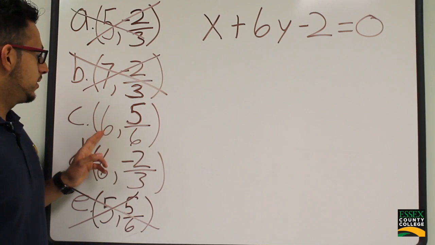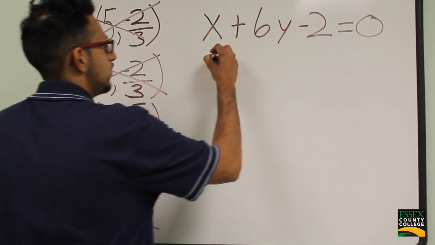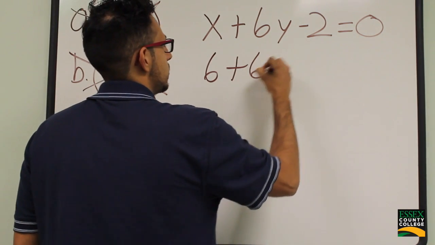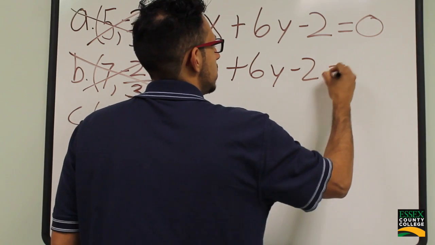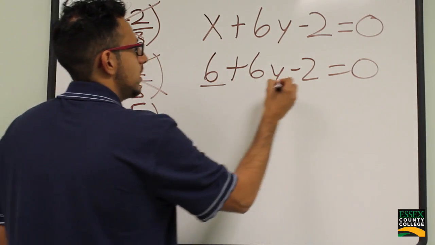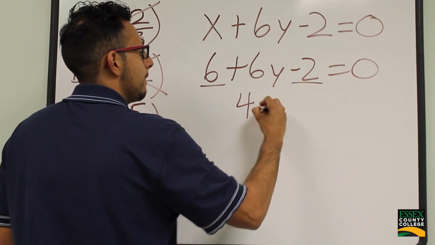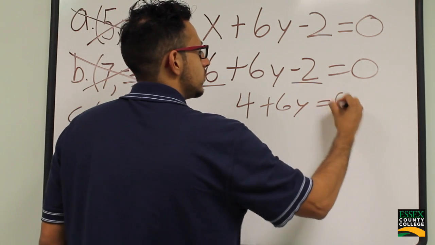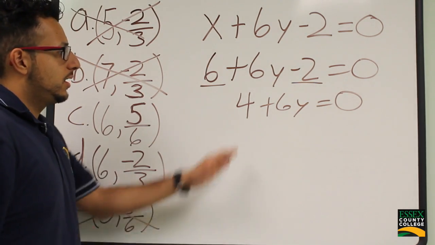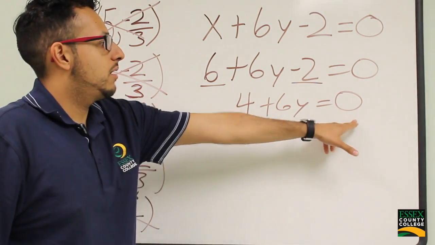Now we're going to plug in 6 as x and solve for y. So this becomes 6 plus 6y minus 2 is equal to 0. Now we collect like terms. 6 and 2 are like terms, so 6 minus 2 is 4, plus 6y is equal to 0. Now we have to solve for y, so we have to bring the 4 to the other side.